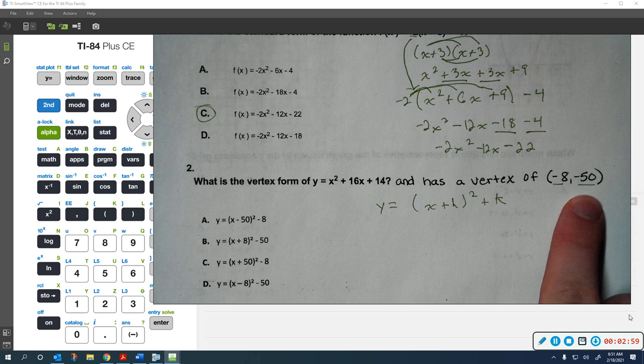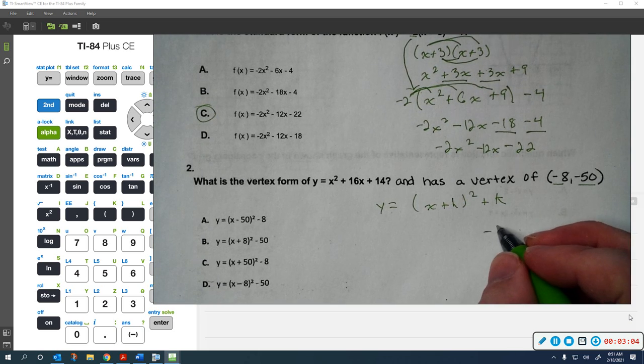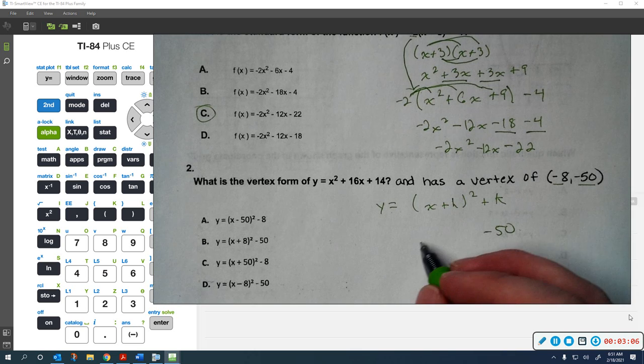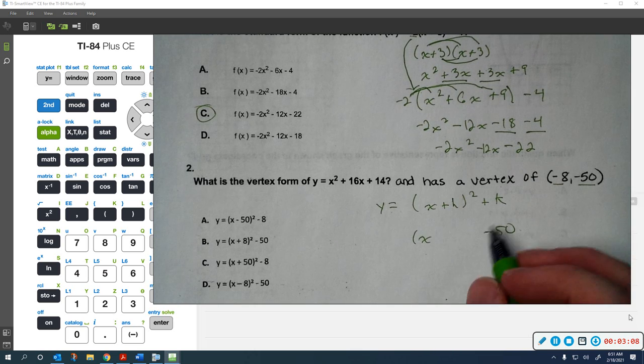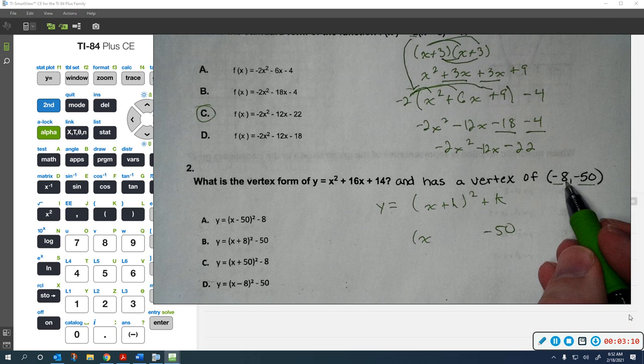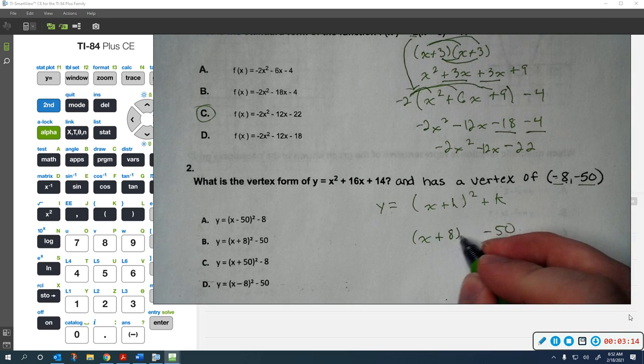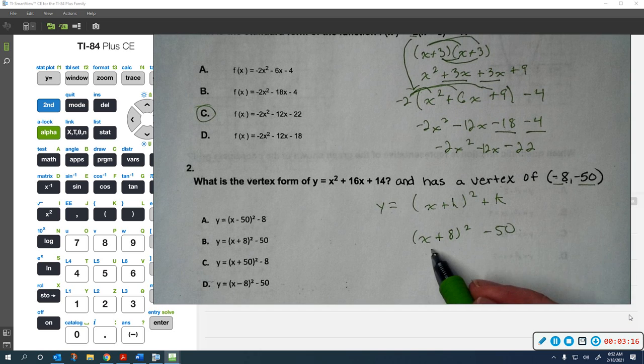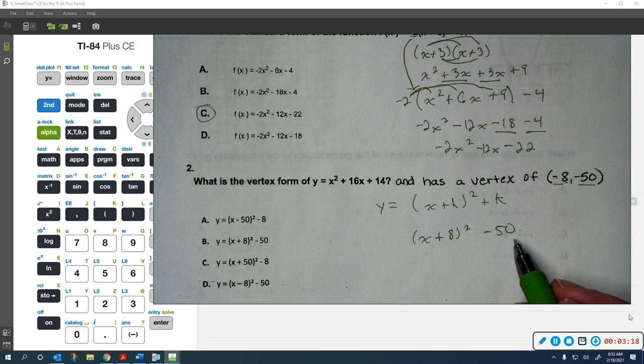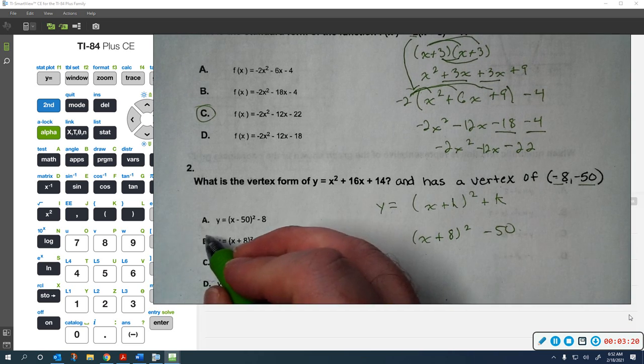Now, this time our k, which is the y value of a vertex, needs to be -50. So it needs to end in -50, and -8 needs to go in the middle. But x flips, so -8 means this would say positive 8 in the middle. So I need (x + 8)² - 50, which is going to be answer B.